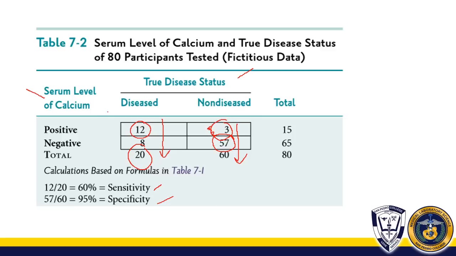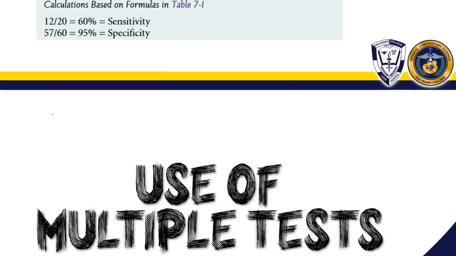So, 57 divided by the total number of people who do not have the disease, and that is 60. So, the sensitivity would be 60%. Actually, it is lower, 60%. And the specificity would be 95%. So, that is how you compute your sensitivity and specificity.